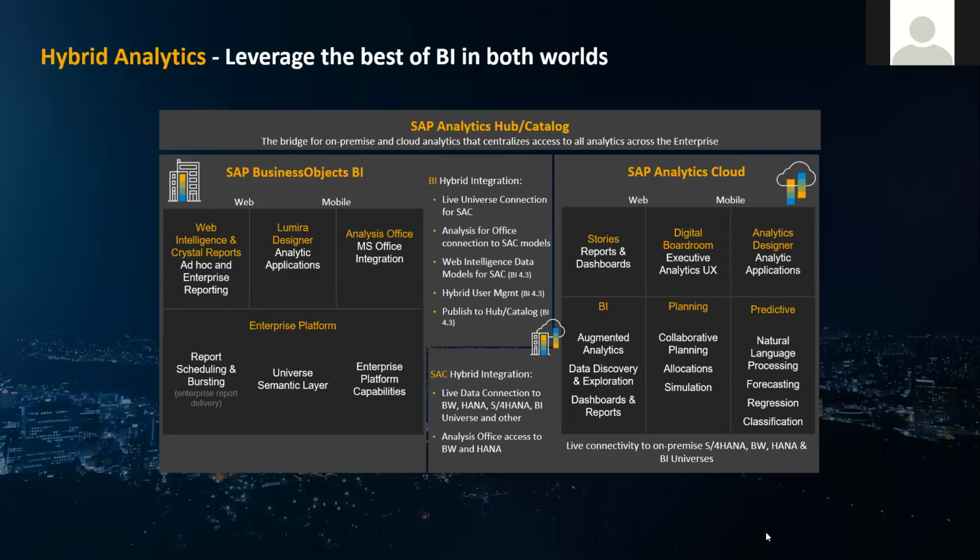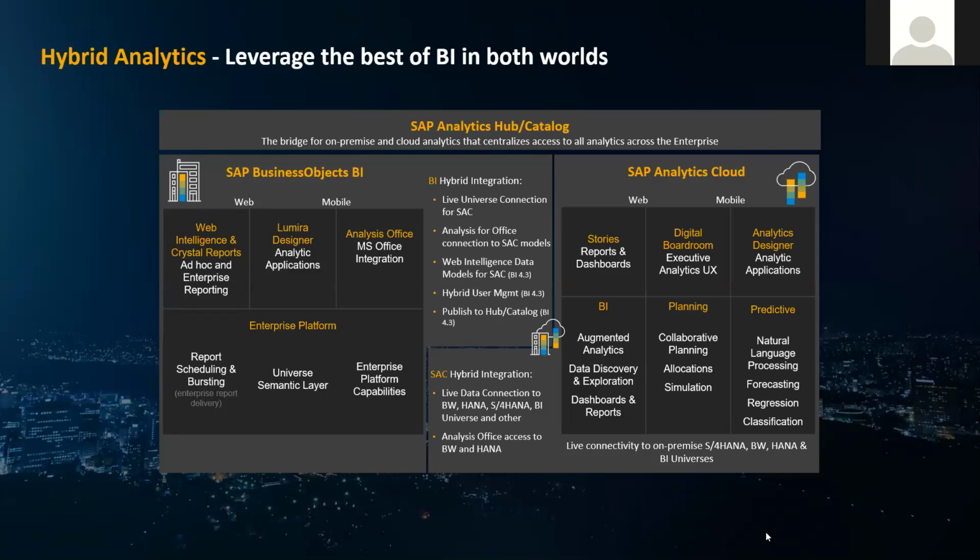And as I also mentioned about the hybrid user management, there will be an API that allows you to provision and sync the users from your Business Objects platform into SAP Analytics Cloud. And then there's also the Analytics Hub or catalog, which is a central place for you to access your BI.